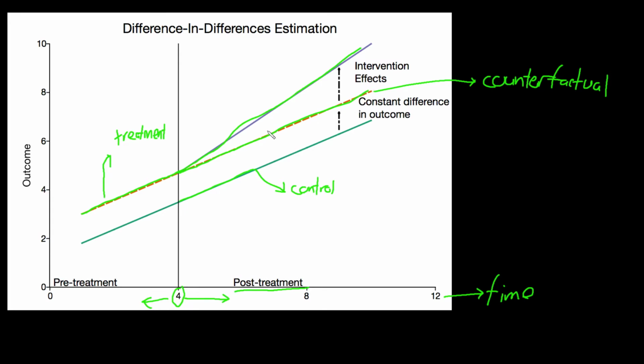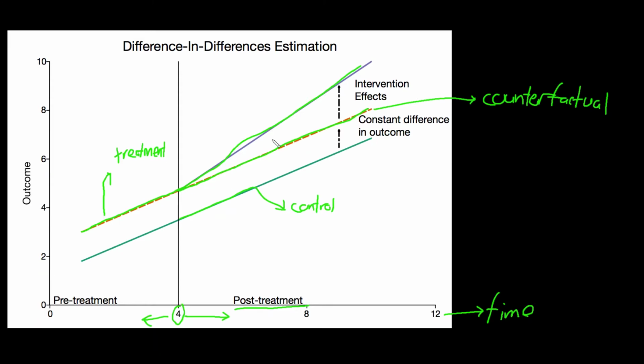Okay, so that's the counterfactual. We don't actually get to see that because the treatment group obviously gets its treatment, right? So yeah, that's kind of unseen. We're making the assumption that that trend for the treatment group we see before the treatment actually carries on until after the treatment. Okay, so this gap here, this is the intervention effect.